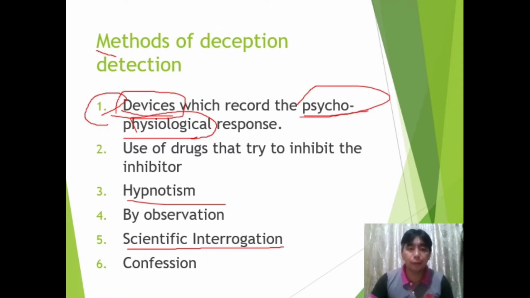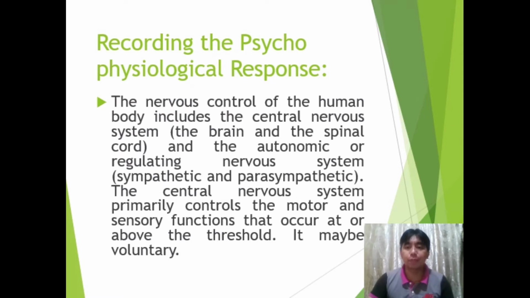Since these will be discussed in more detail in the coming slides, we'll just skip this for now. The hypnotism, and the rest, will also be discussed. Those are the methods of deception detection that we will be discussing in the next slides. So stay with me.